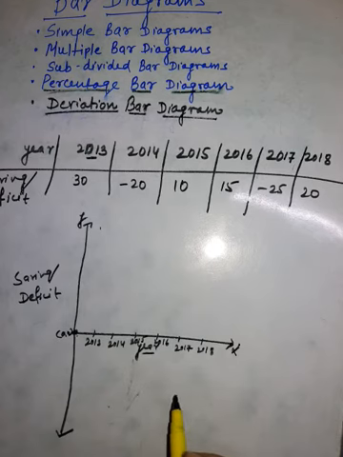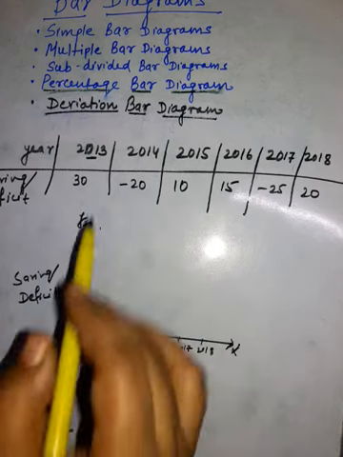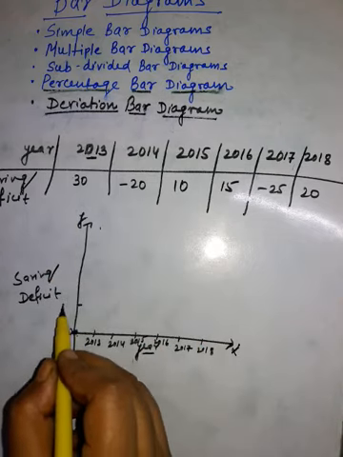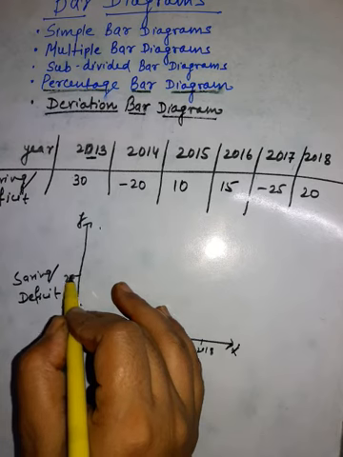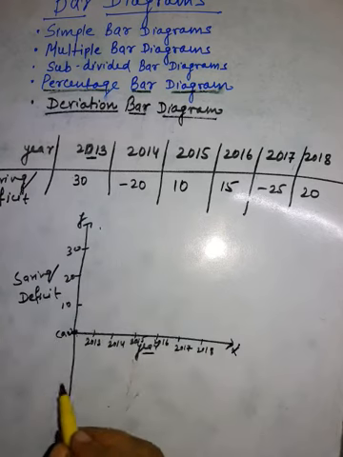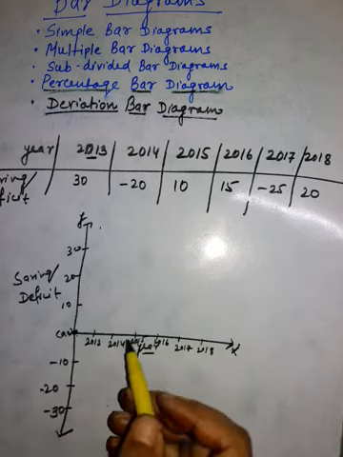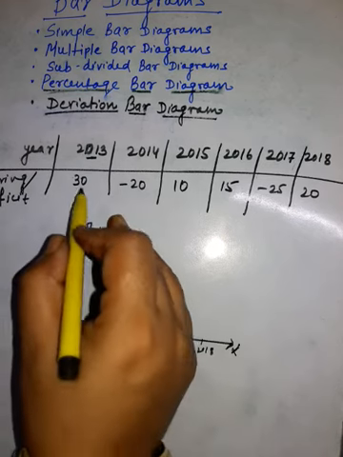Okay, and saving and deficit here 10, 20, 30. Likewise downward, that is minus 10, minus 20 and minus 30. Okay, now come to 2013, that is 30.